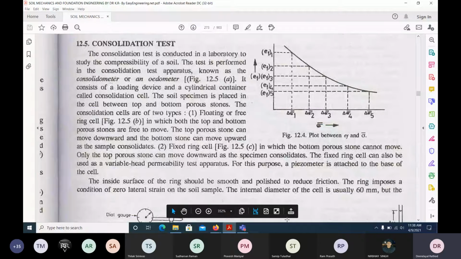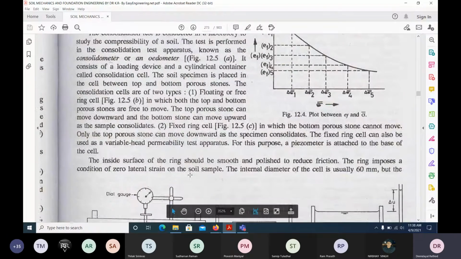Load we know, stress we know, load divided by the area. But we cannot measure void ratio directly, right? Void ratio is volume of voids to volume of solids. Either we should have specific gravity and degree of saturation, or water content at least. Then only we can measure this void ratio. There is no direct method to measure the void ratio, okay.